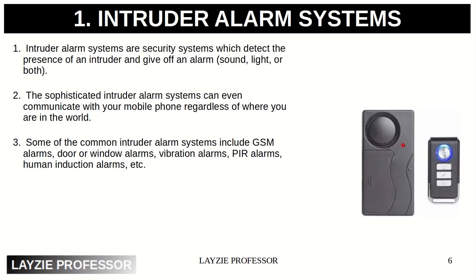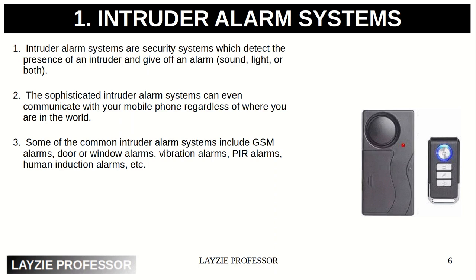There are also the vibration alarm systems, which work in such a way that they detect vibration. So this alarm system can also be used to safeguard a door or a window, just like a window alarm system. But in addition, they can also be used to safeguard items that are stationary, that you don't want to be moved or to be taken away by somebody.